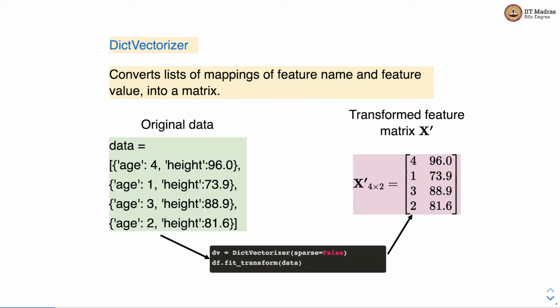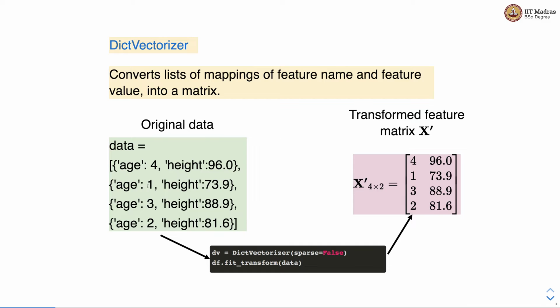So this gets transformed specifically into a feature matrix. It has two columns: the first column corresponds to age and the second column corresponds to height. And it has four rows corresponding to the four samples in the original dataset. You can see that the first sample has age of 4 and height of 96.